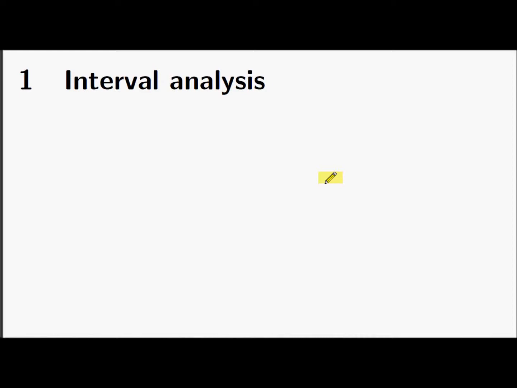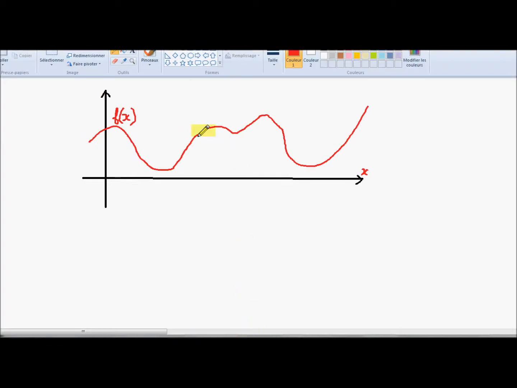What is interval analysis? Interval analysis is a numerical tool which is adapted to prove that a function f from Rn to R, where x belongs to Rn, is always positive over a box.